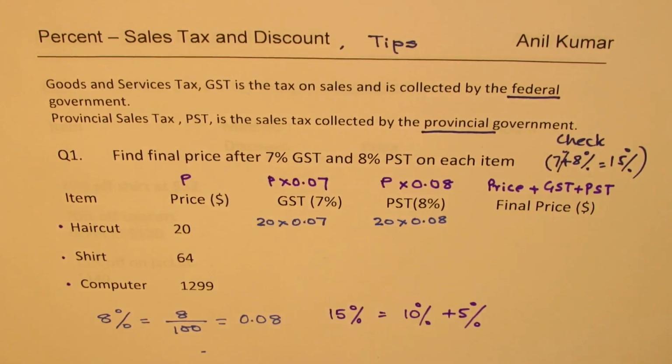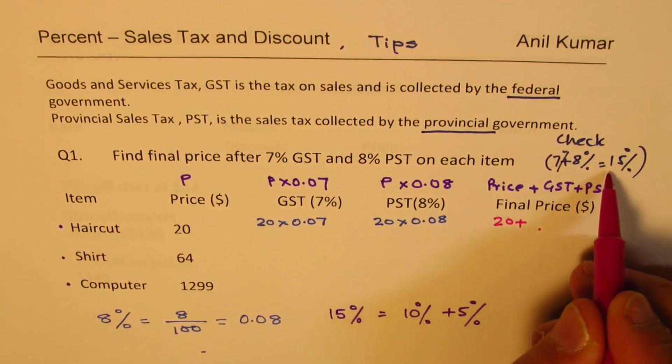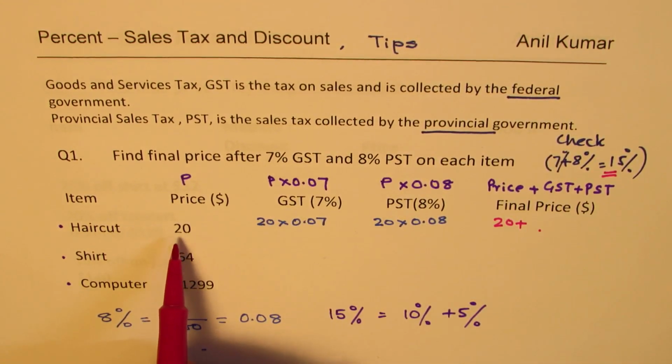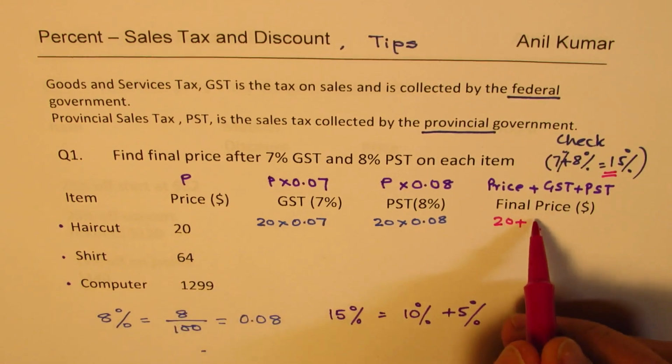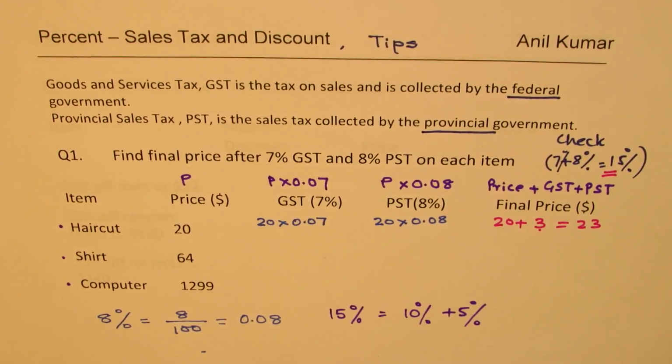For example, if the price is $20, what is 15% on $20? 10% is 2, and half of 2 is 1. So we are going to add 3 and we expect 23 as our answer. You get the idea, right?